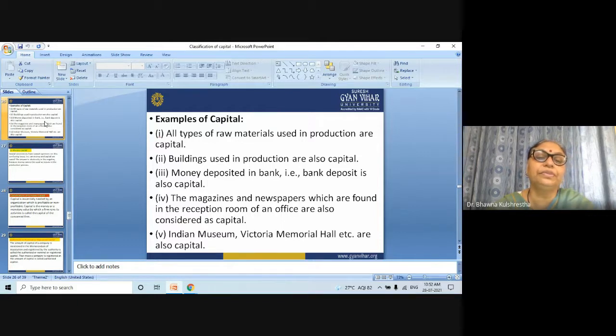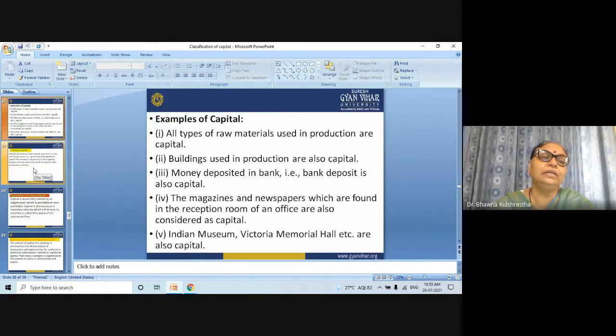The magazines and newspapers found in the reception room of an office are also considered capital. And the last is the Indian Museum, Victoria Memorial Hall, etc. are also capital.